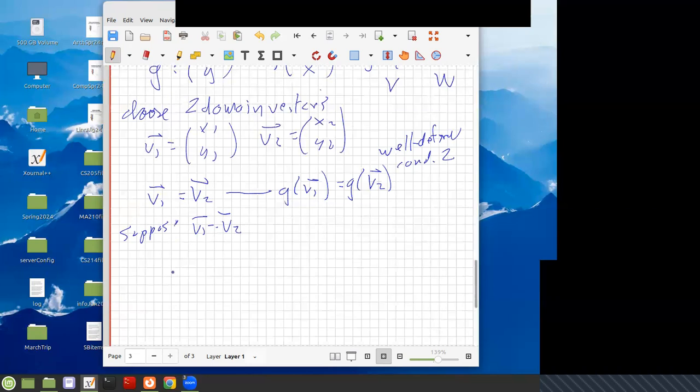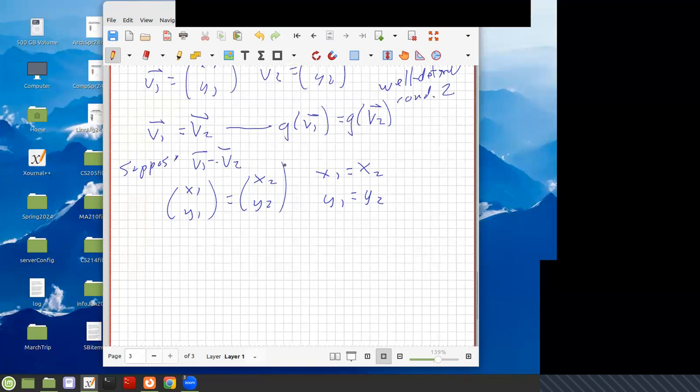In terms of components, that means (x1, y1) equals (x2, y2). As vector equations, that implies x1 equals x2 and y1 equals y2. Then we want to check: does the image of V1 equal the image of V2?